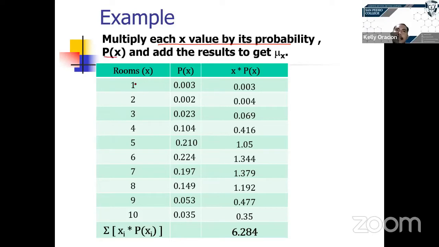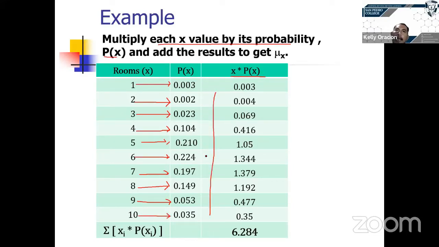Multiply the x by P(x), so we have x times P(x). Then, after that, add all of these. And the answer is 6.284.